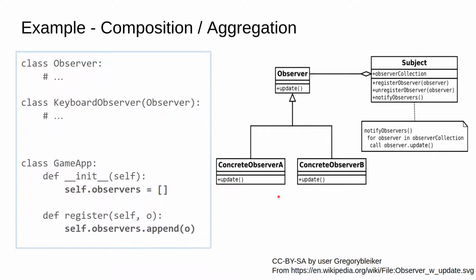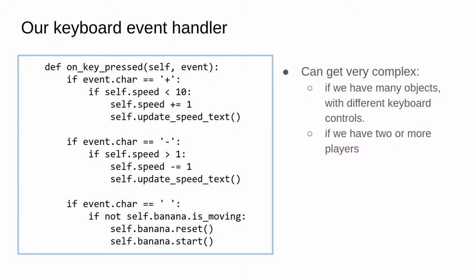But when you look at the observable pattern, that's what you see. So we'll see how to apply this observable thing. If you recall, in the monkey game, we have this on key press function that would be called when there's an event.